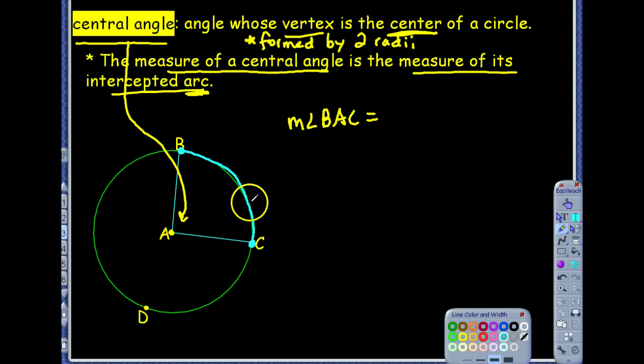How we name an arc, we could say just, and I'm going to make a little note here, arc BC, and notice we're using the endpoints of the arc, okay? Another way of saying it is arc BC with the little arc symbol above it. Okay, so the measure of angle BAC is the same thing as the measure of arc BC.